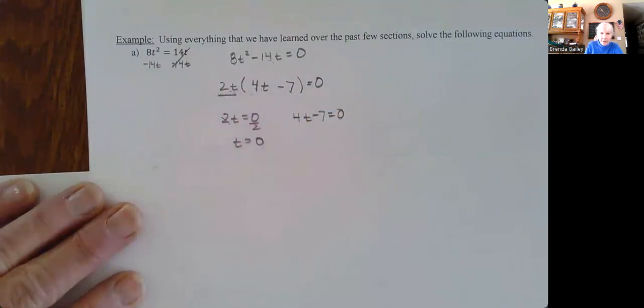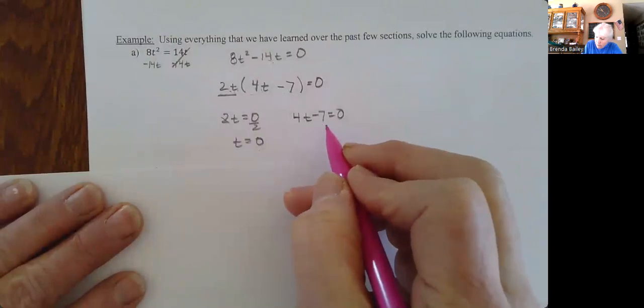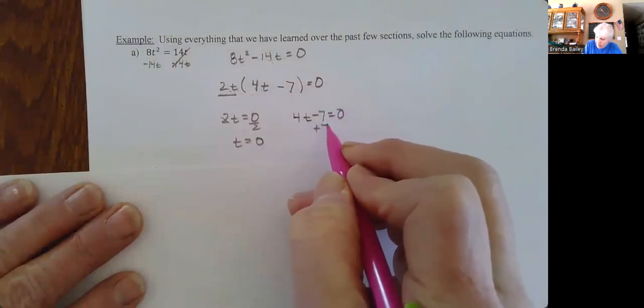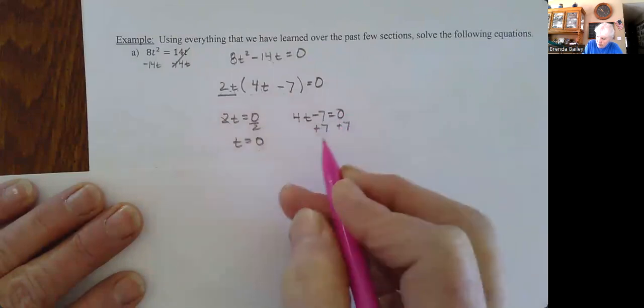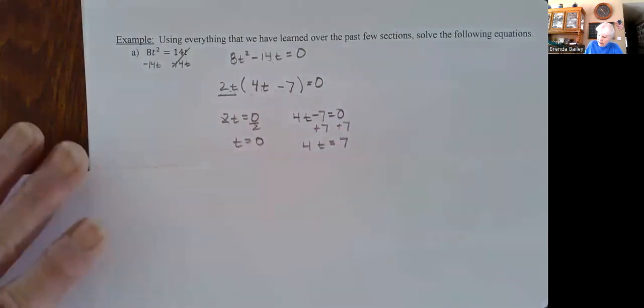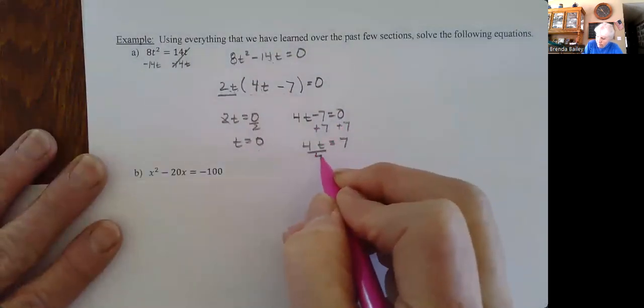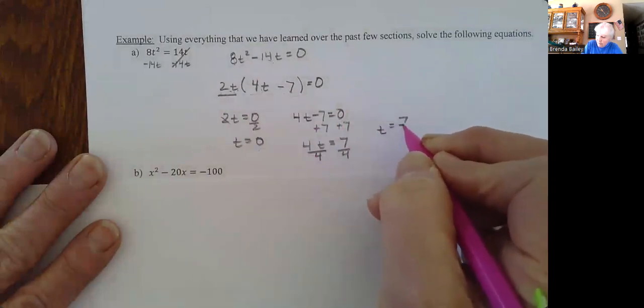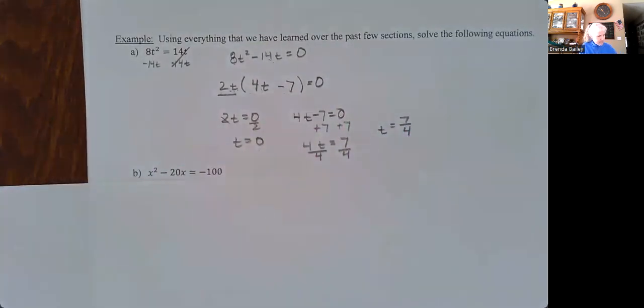In other words, it'll cross the x-axis at 0 if you were to graph this, or the t-axis. Add 7 to both sides. Divide by 4. T equals 7/4. Okay. So t is equal to 7/4.